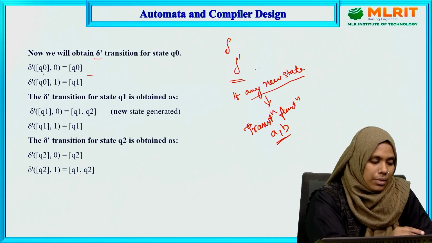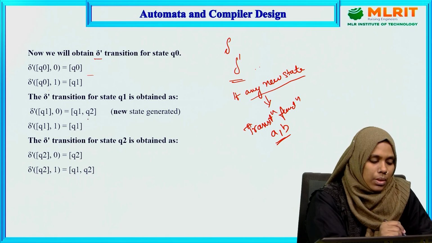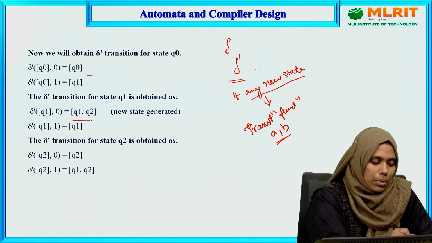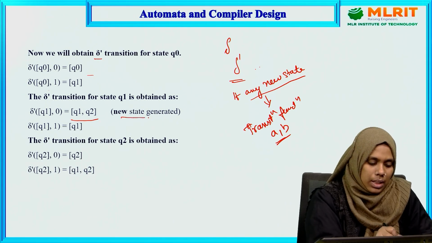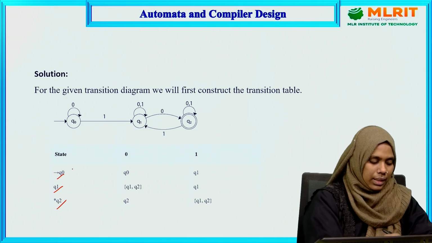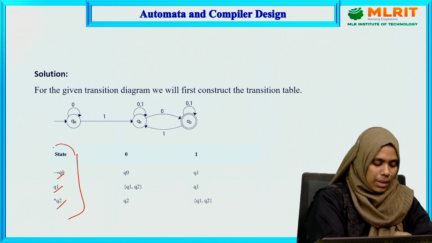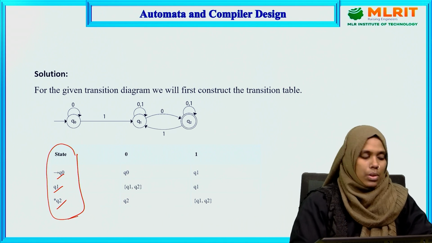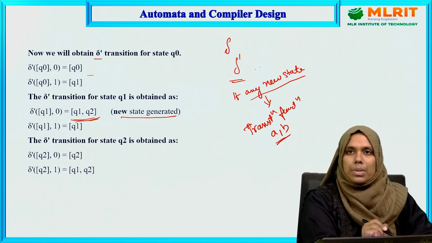Next, after Q0, the next state is Q1. Q1 of 0 is Q1, Q2. Now check it out: what is Q1, Q2? That is a new state. Why is it a new state? Because if you see the table at the left hand side, do we have Q1 and Q2 combined? No. So we say this state is a new state.